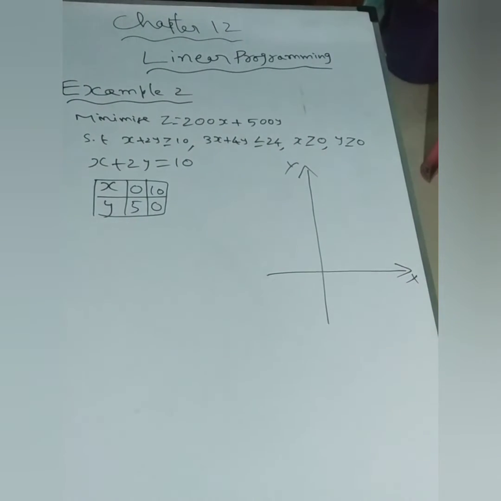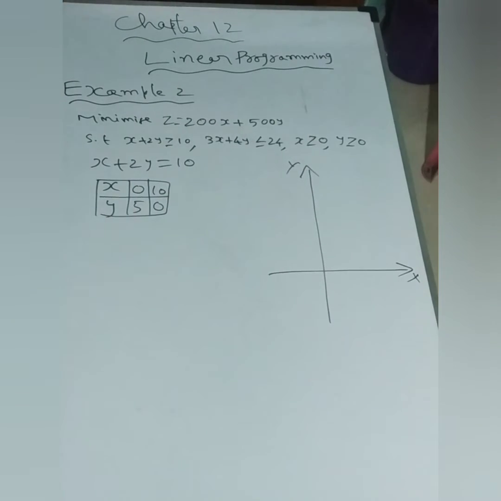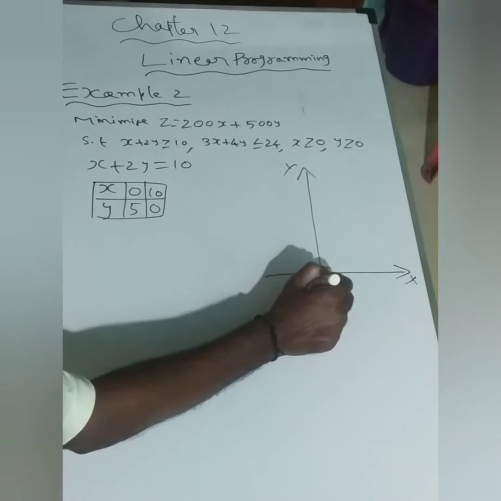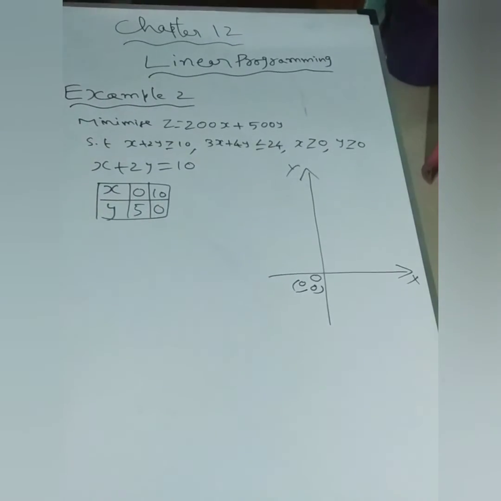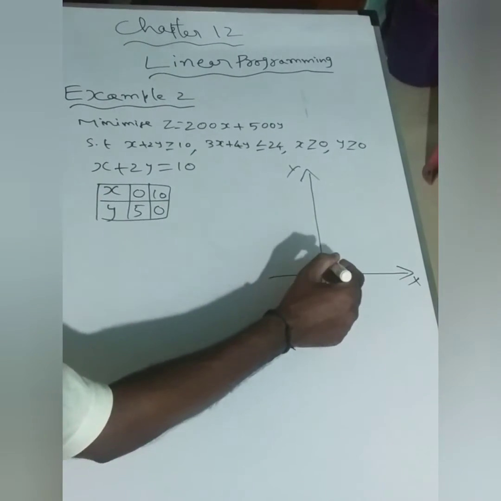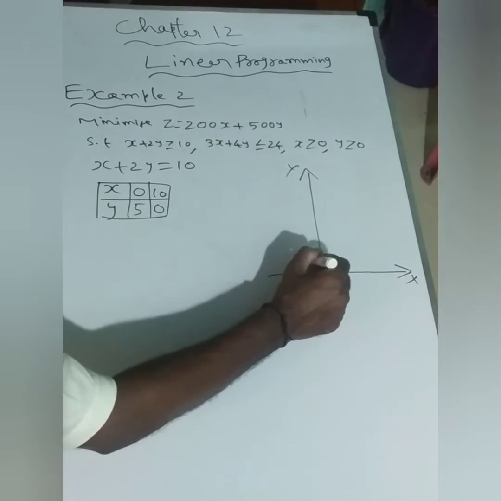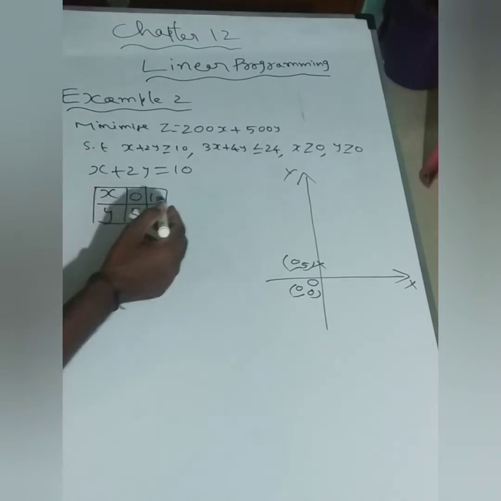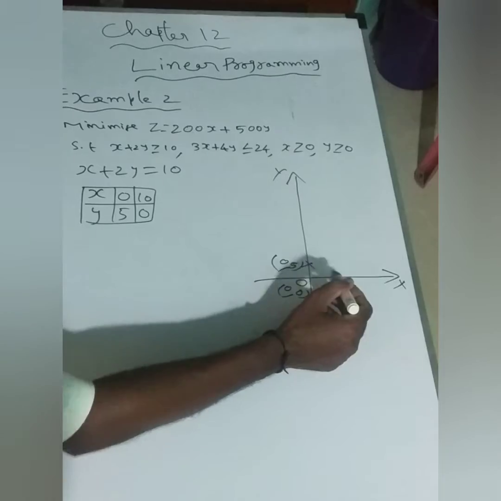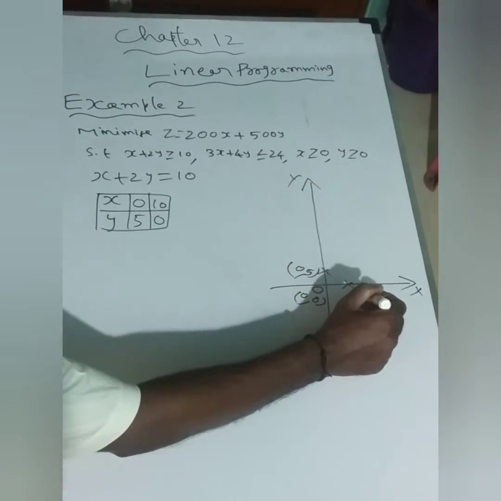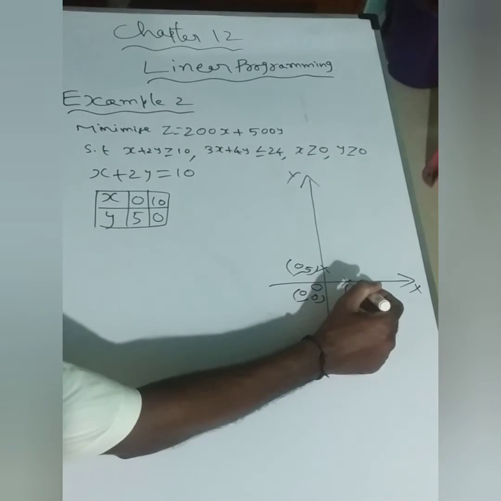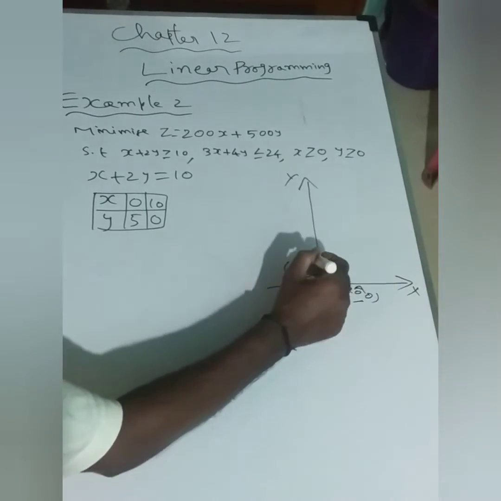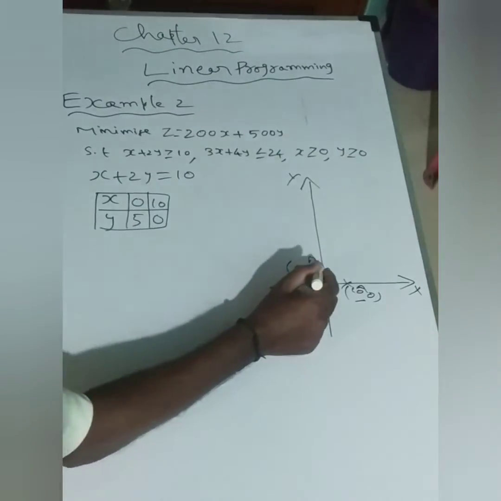This is our origin 0, 0. We plot 0, 5 with x as 0 and y as 5, and 10, 0 with x as 10 and y as 0. Let us mark the point on the x-axis as A and on the y-axis as B.